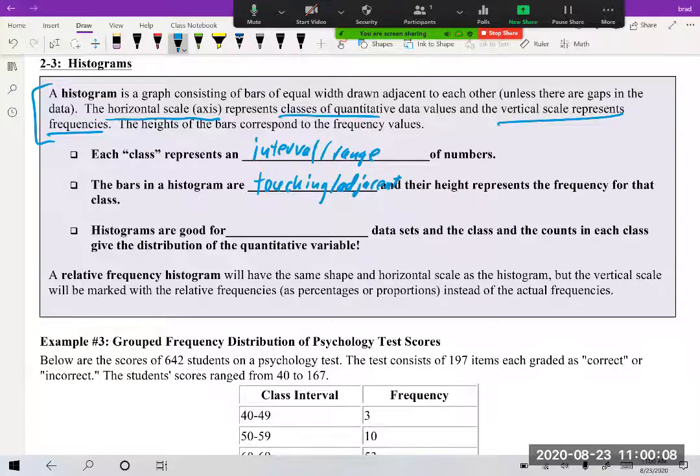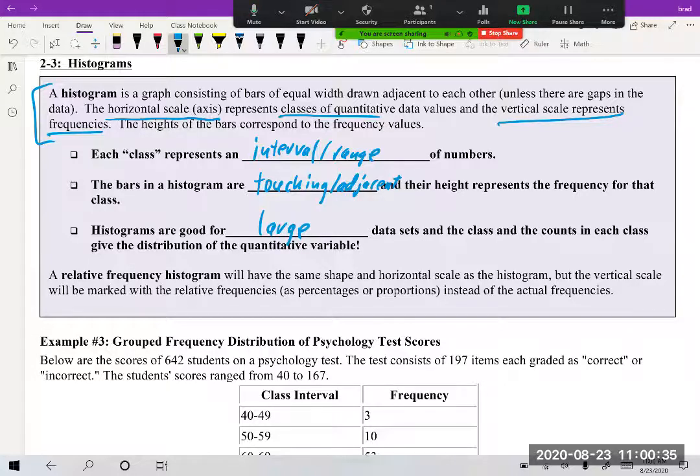Histograms are good for large data sets, and the classes and counts in each class give the distribution of the quantitative data. A lot of times, if you're given a big bulk of data, a histogram is a really good way to present that data. It can handle large quantities of data very well. So just keep that in mind. Other things that we're going to work on in chapter 2 don't handle large values of data as well, just because they're a little bit more cumbersome to work with.